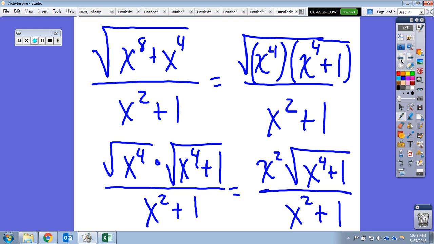We know sum of 2 cubes, difference of 2 cubes, and difference of squares. Those are the 3 that we should recognize quickly. There's no sum of squares. So we're good.